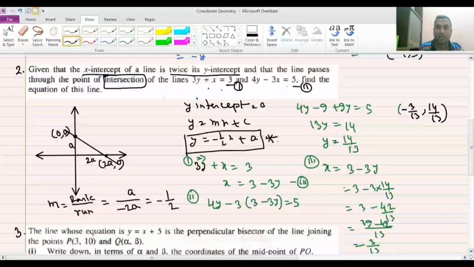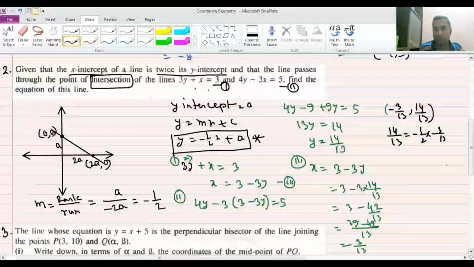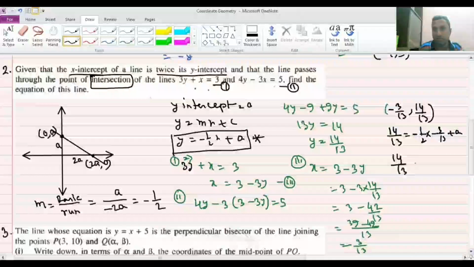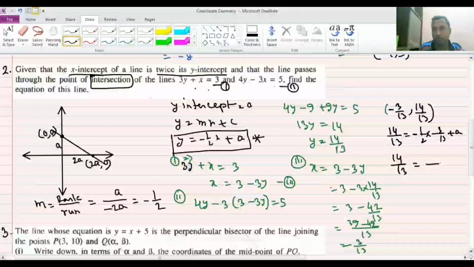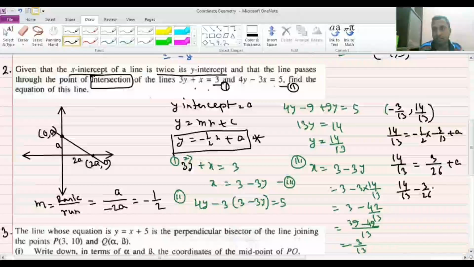Since this line passes through this point, y is replaced by 14 by 13, which equals minus half into minus 3 by 13 plus a. So 14 by 13 equals 3 by 26 plus a. So 14 by 13 minus 3 by 26 equals a.